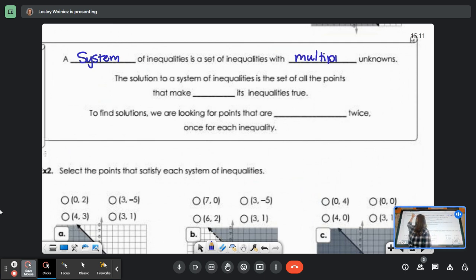Now, in Algebra 1, our multiple unknowns is basically just going to be 2. But as you get higher up in math, you can start adding unknowns and adding more inequalities and equations. The solution to our system is a set of all the points that make both our inequalities true. Or if you had 3, it would make all 3 true, right? If you had 4, it would have to make all 4 inequalities true.